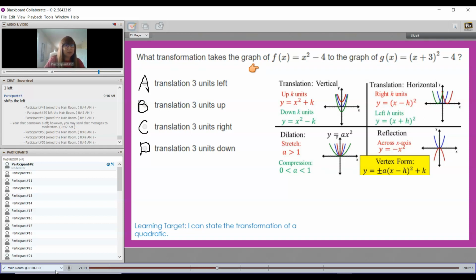I've got most of you. The big thing is to see what is different from one to the other. And then a couple of you in the chat might need to double check your answer.